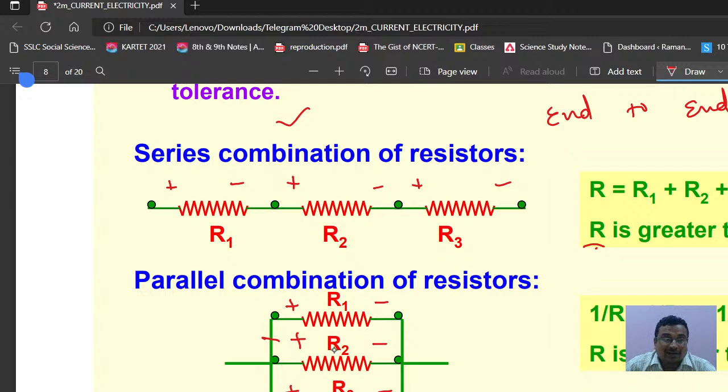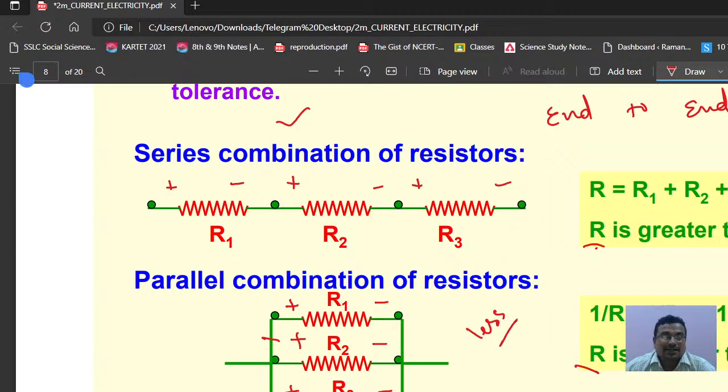So the total resistance, equivalent resistance, effective resistance in parallel, the formula is 1 upon R equals 1 upon R1 plus 1 upon R2 plus 1 upon R3. Here the total resistance in parallel combination is smaller than the smallest of all the resistances. So when we are connecting resistances, the total resistance in parallel is less, the more resistance is there in series.